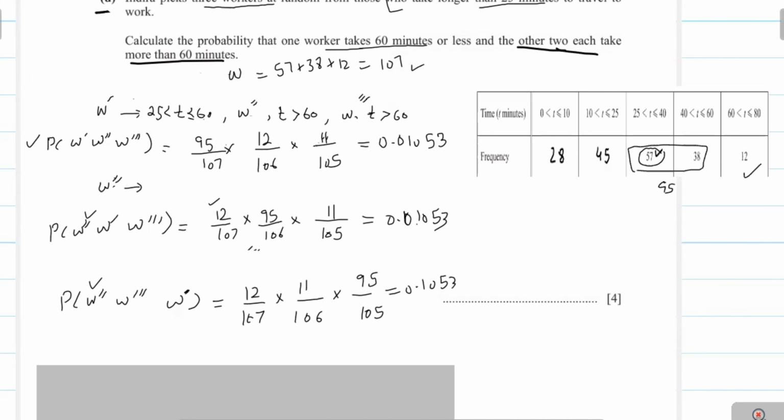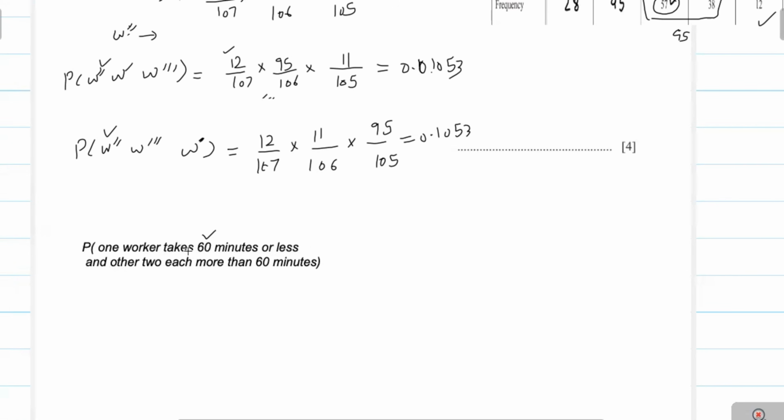Now the probability of one worker who takes 60 minutes or less, and the other two each more than 60 minutes, will be equal to the probability of W dash, W double dash, and W triple dash, or the probability of W dash, W double dash, and W dash and W triple dash. And next is or the probability of W dash, W triple dash, and W dash.